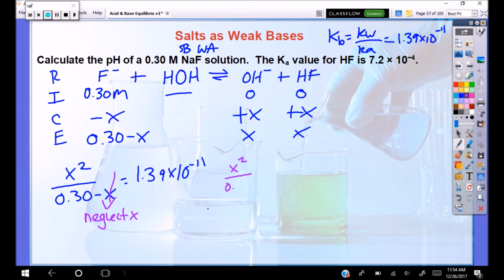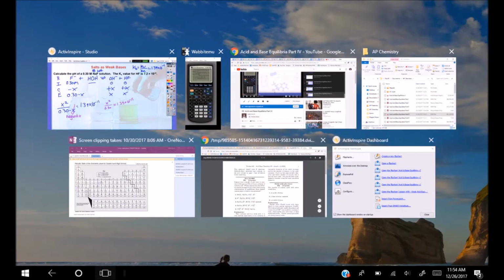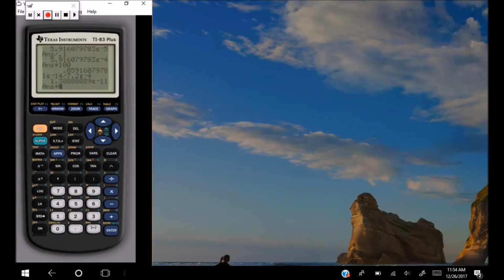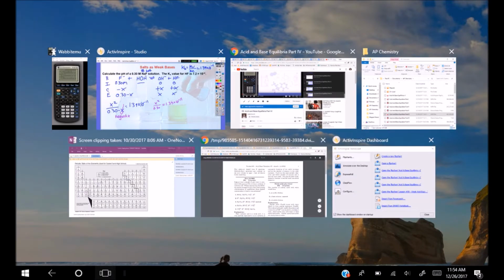Once I neglect x, I can then solve for x. So x squared is equal to 1.39 times 10 to the negative 11th times 0.3. I'm going to take the square root of my answer: 2.04 times 10 to the negative 6th.